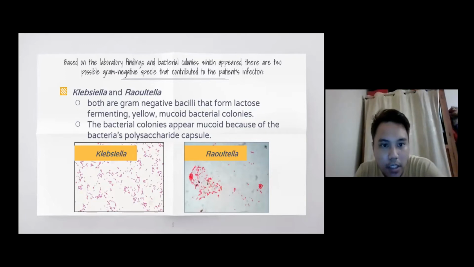The bacterial colonies appear mucoid because of the bacteria's polysaccharide capsule. Unlike gram-positive bacteria, whose cell wall has more peptidoglycan, the gram-negative bacilli have a high content of polysaccharide capsule.